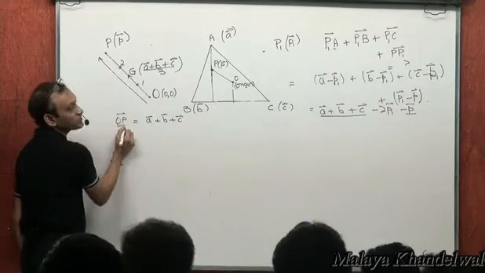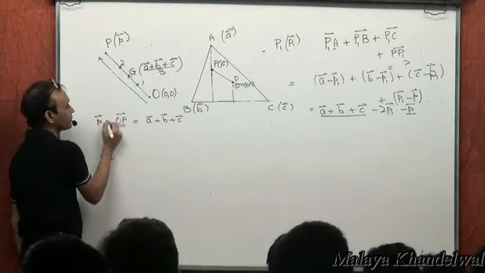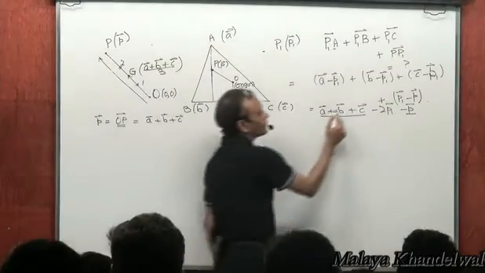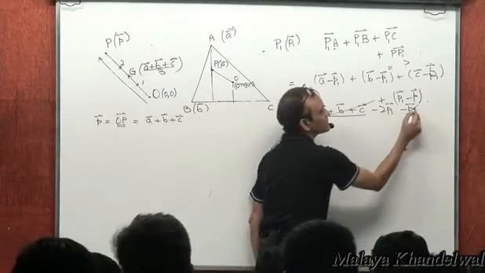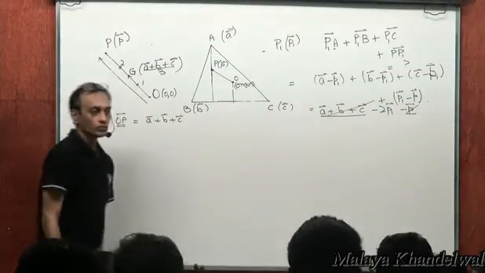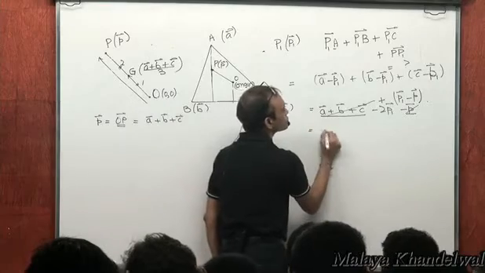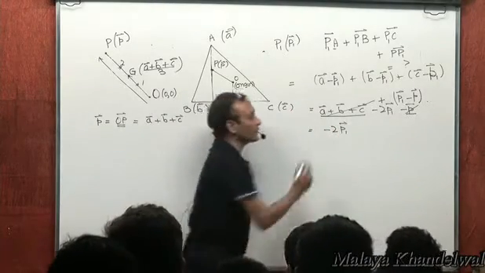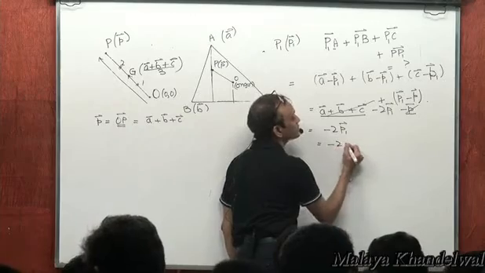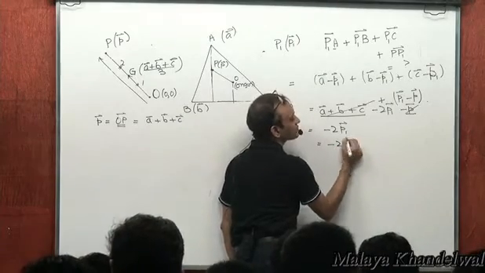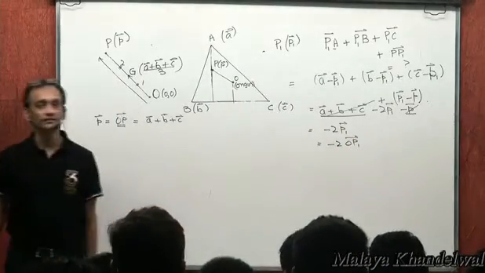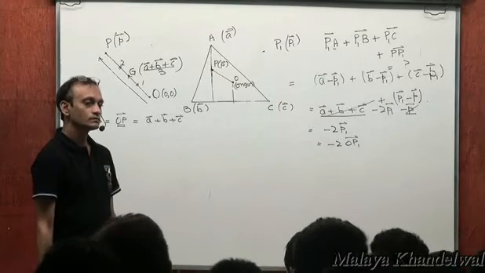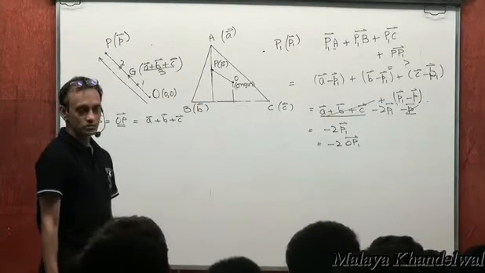But OP is the position vector of P. So, A plus B plus C minus P is 0. What you are left with is minus 2 times the position vector of P1. That means minus 2 times OP1. Position vector of P1 would be OP1, because O is the origin.